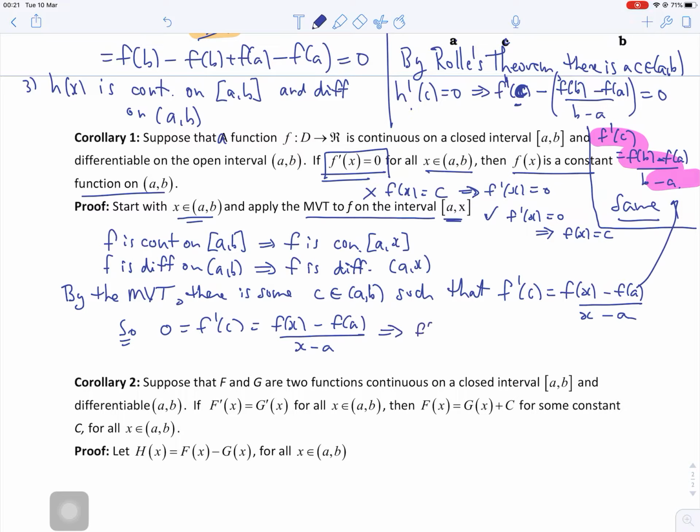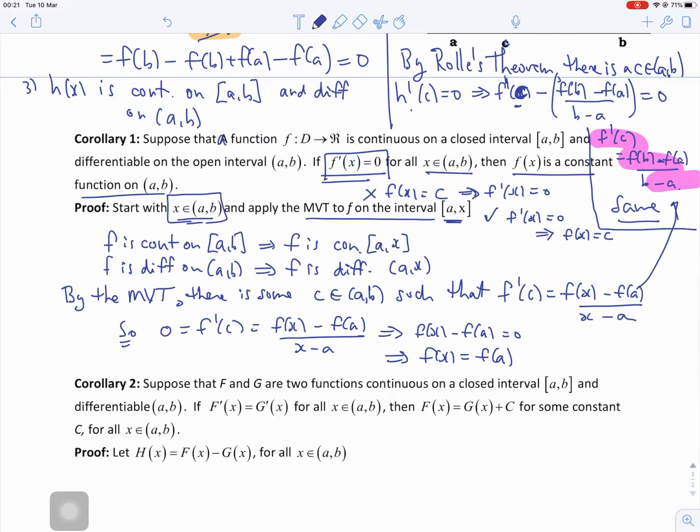And that must imply that f of x minus f of a is 0. In other words, f of x is equal to f of a. Now, there's nothing special about x. X could have been any point. That's what we said at the beginning: x is any point in the interval AB.